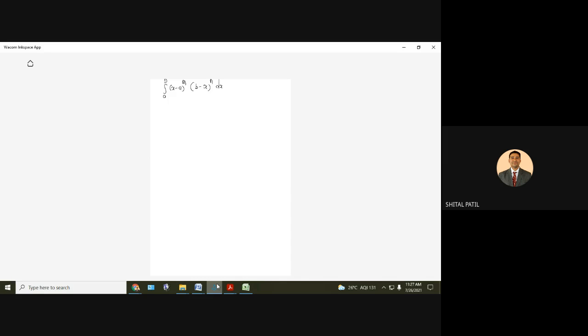Kunal, what was the substitution? x minus a upon b minus x is equal to t. Very good. So you remember this, x minus a divided by b minus a equal to t. And then once you know the substitution, solving the example is not difficult, but you can do it yourself. This is a to b.